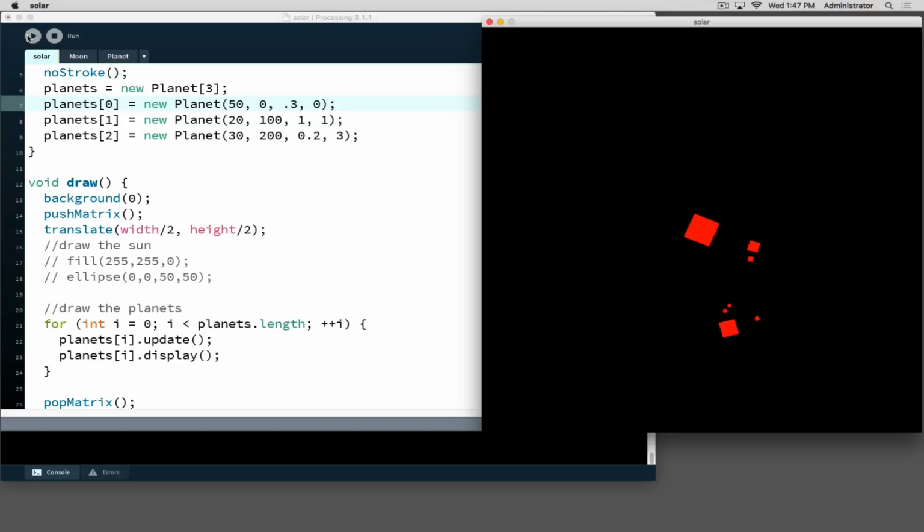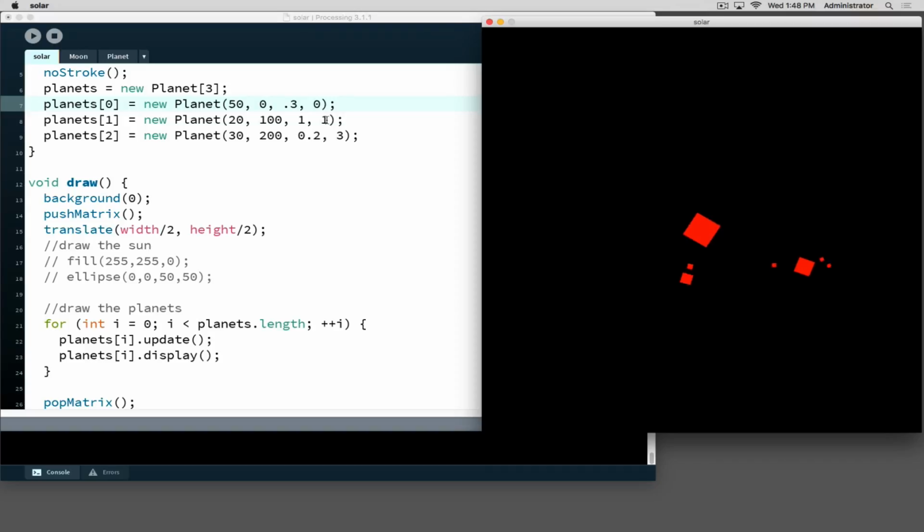So I have an array of planets, 3 planets. One is a size 50, the next one is size 20, the next one is size 30. Their distances are 100 and 200 respectively away from the center point of the universe. They have their different speeds and their number of moons.